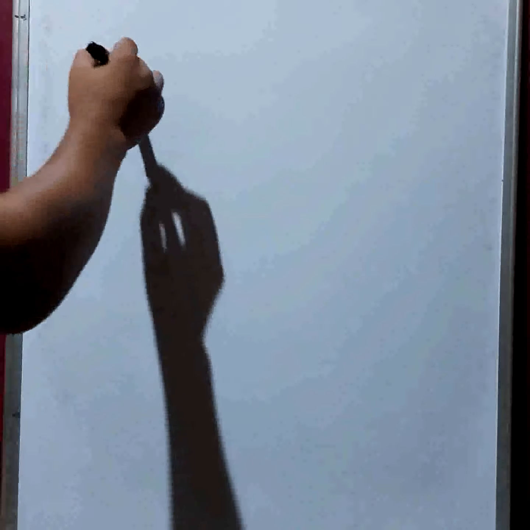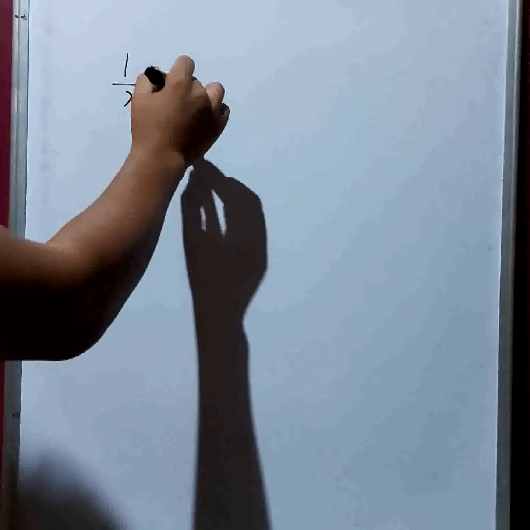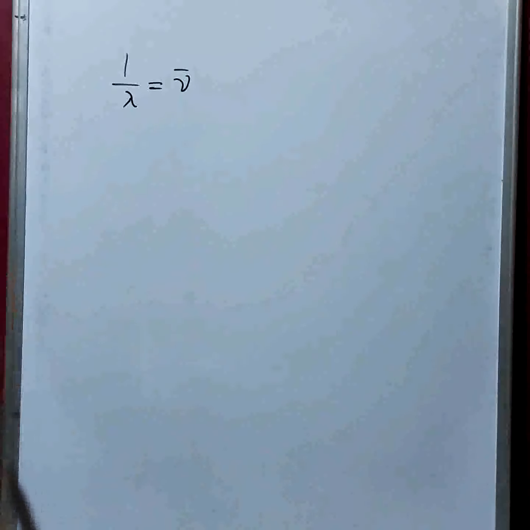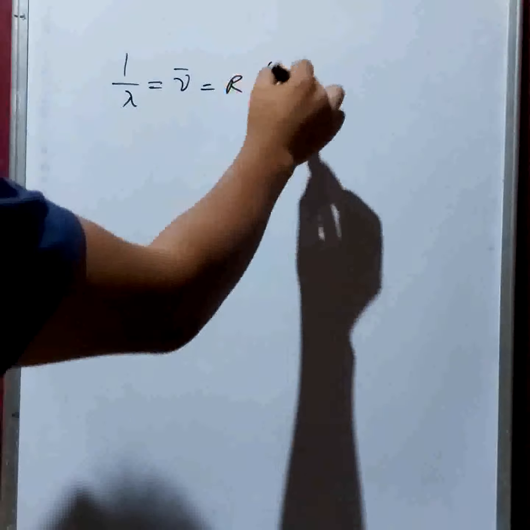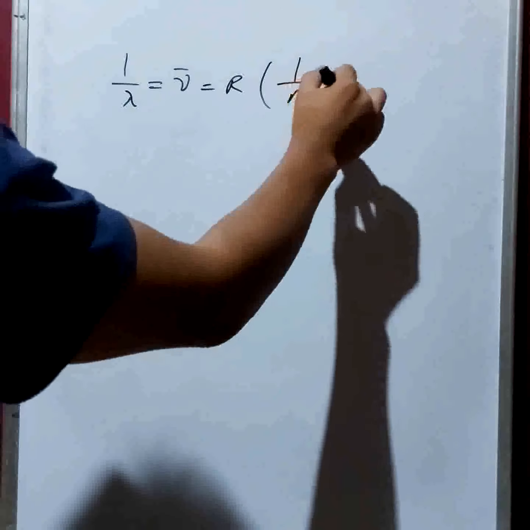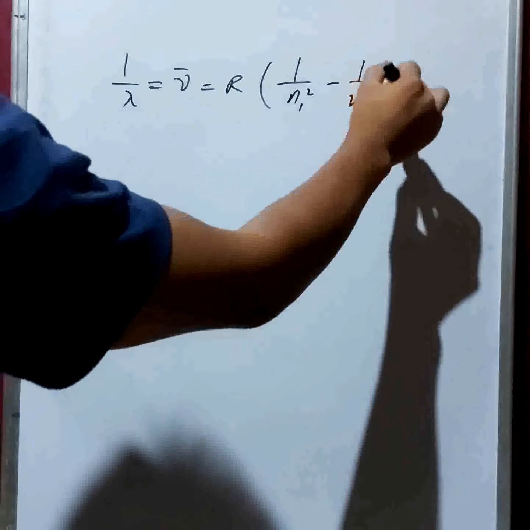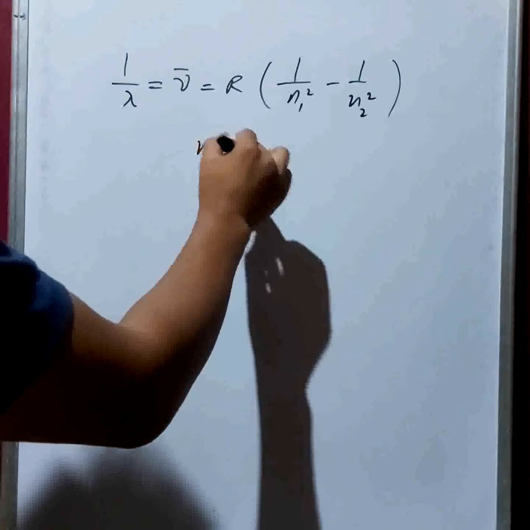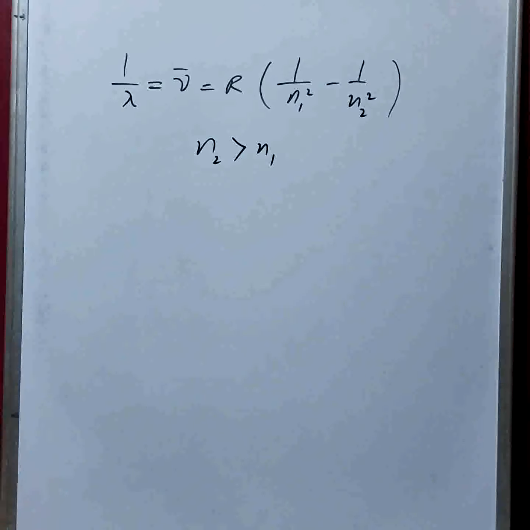Now, the spectral lines of hydrogen atoms can be calculated by the Rydberg equation. 1 by lambda is the wave number, which is equal to R into 1 by n1 squared minus 1 over n2 squared, where n2 is always greater than n1.